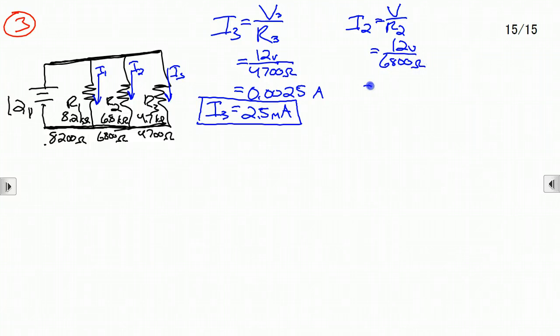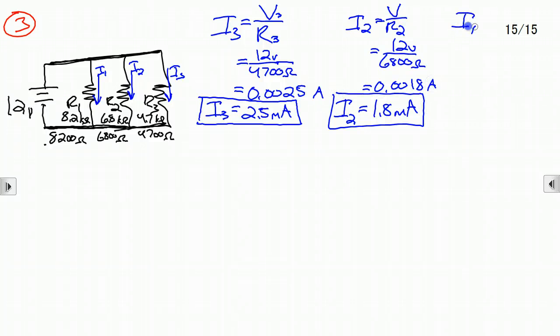If you stop a second and think, this is a larger resistance, which means we should have a smaller current if all goes well. So 12 divided by 6,800 is 0.0018. So that can't be true, 1.8 milliamps for I2.